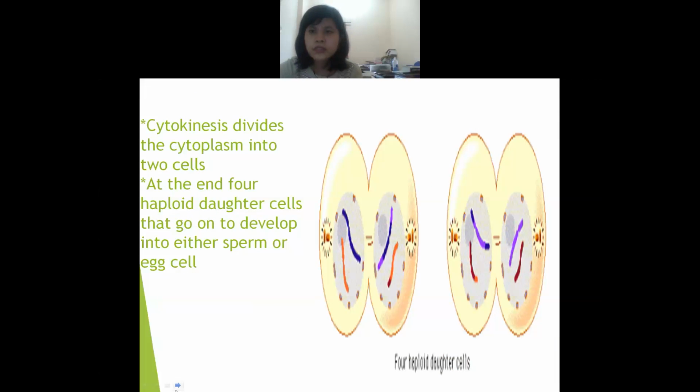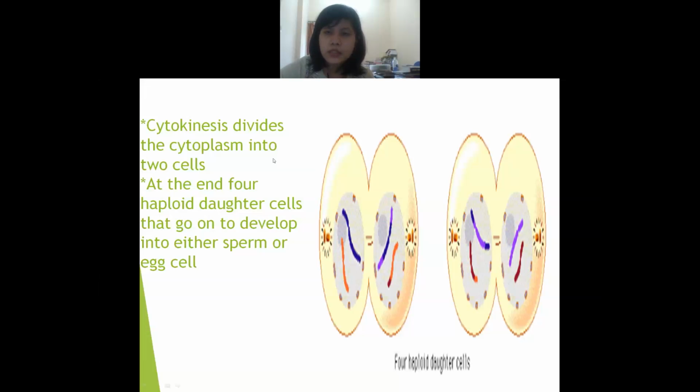And after telophase 1, what happens? Cytokinesis. Cytokinesis occurs here, in meiosis 1. You remember, meiosis 1 and meiosis 2 are a bit different, so we are still discussing meiosis 1.